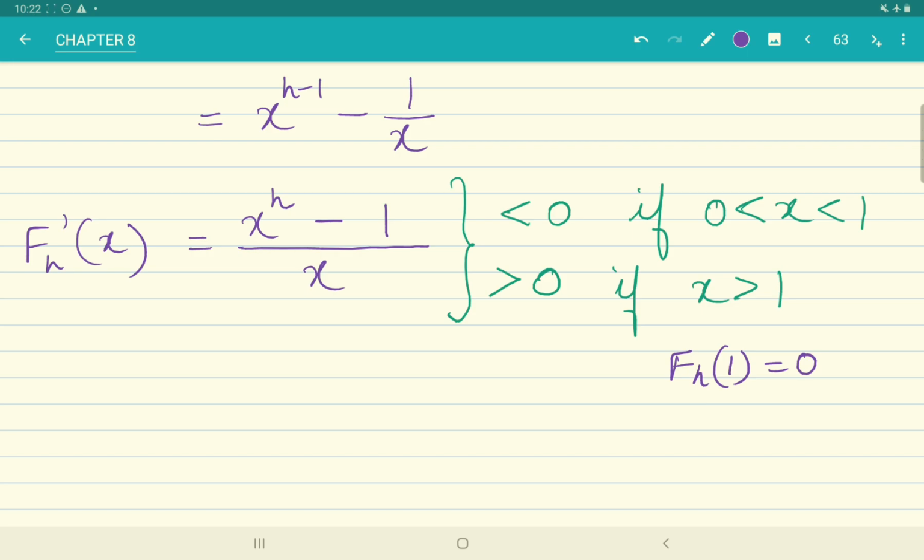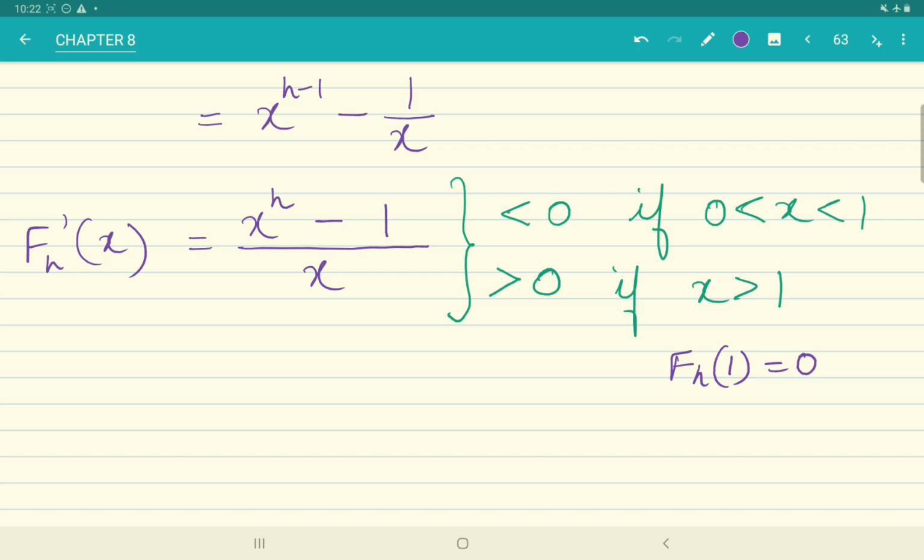I'll repeat this point. If x is between 0 and 1, fh prime x is less than 0. That just means that the function decreases when x is between 0 and 1. I know that at 1, the function takes on the value of 0. That means it is a strictly decreasing function, decreasing from positive values to 0 when x is between 0 and 1.